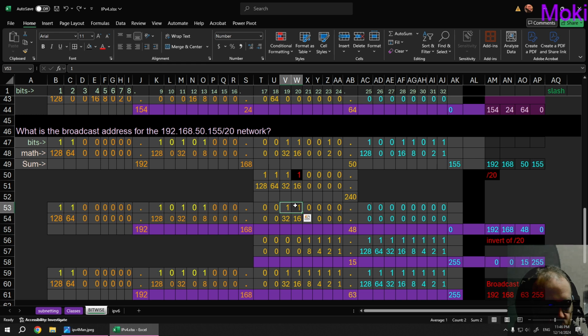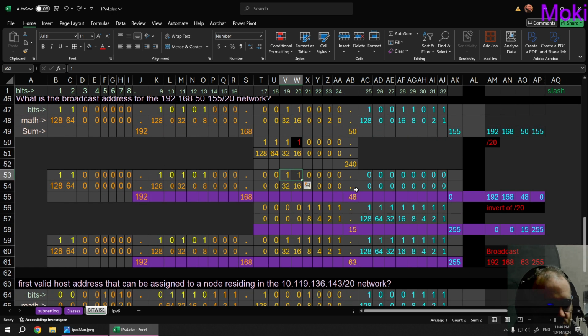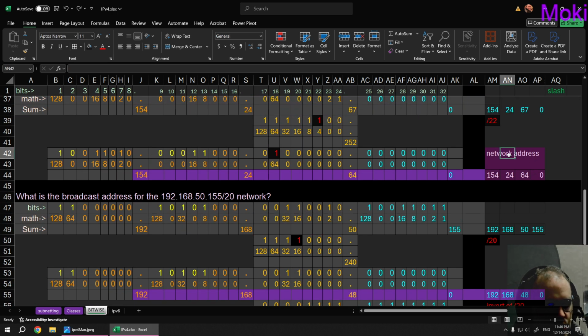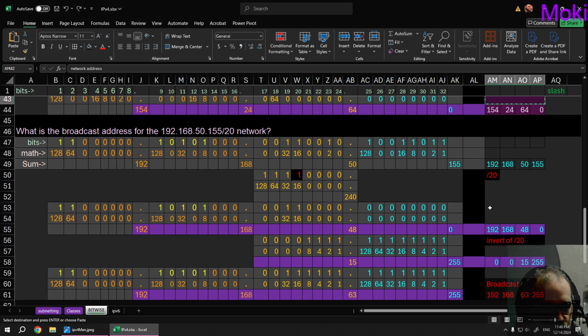Only these two match up. This is a 0, so these are also 0. Why? It just is what it is. That's the network address. Put that down here if that helps. This is the network address.